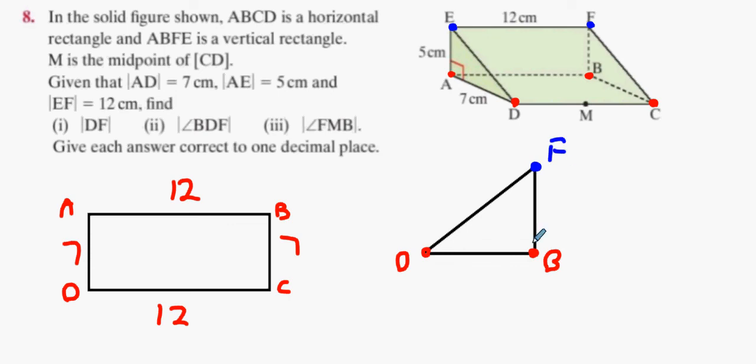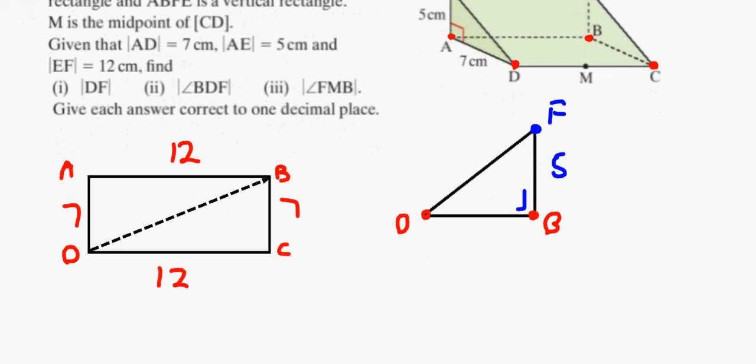Okay? What lengths do we know? We know FB is 5. Unfortunately, we don't know DB. Or do we? How to figure out what DB is? Use Pythagoras' theorem on your rectangle to the left.